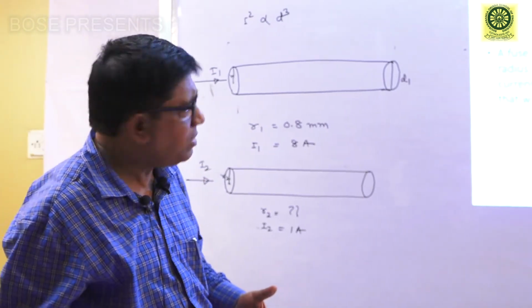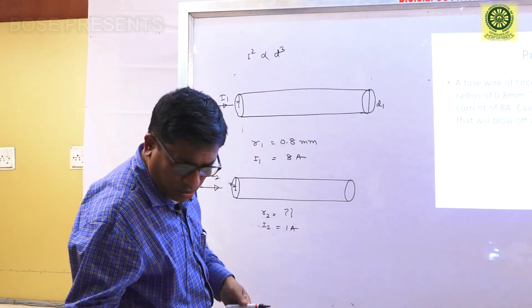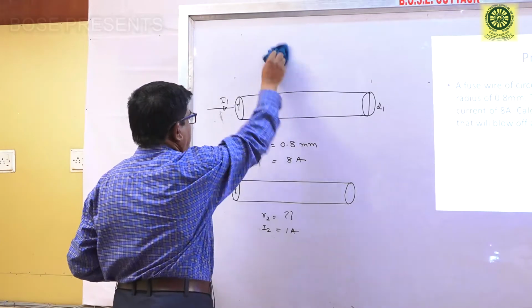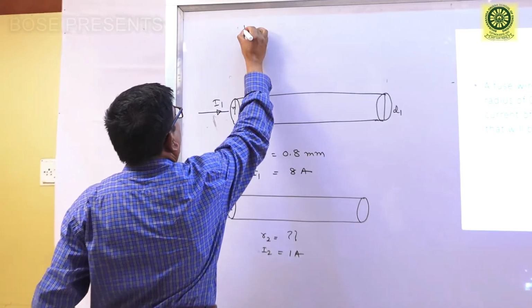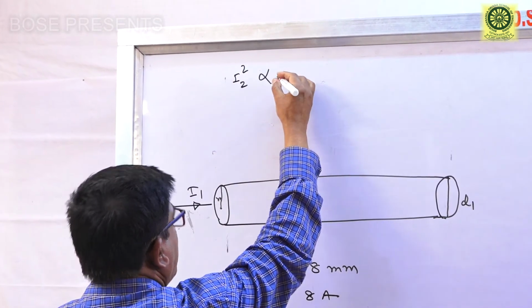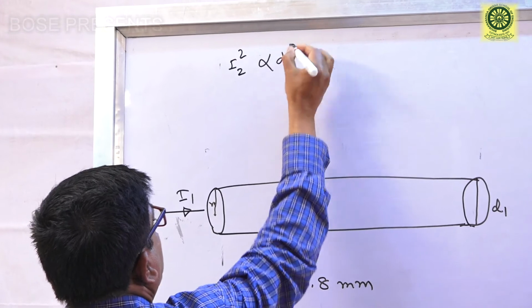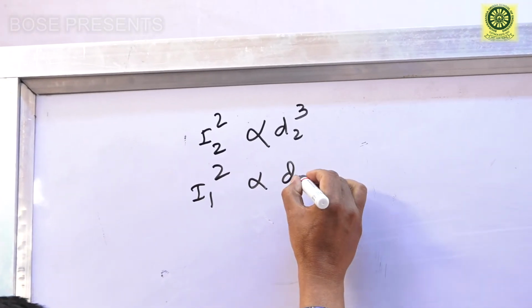What I know from the derivation is that I square is directly proportional to d cube. Or I can write I2 square is directly proportional to d2 cube, and I1 square is directly proportional to d1 cube.